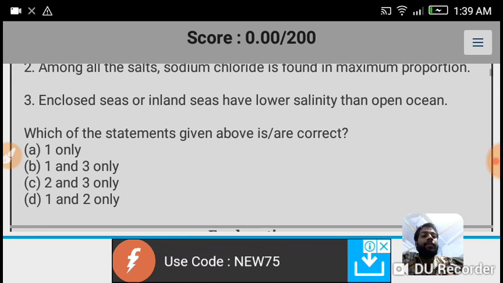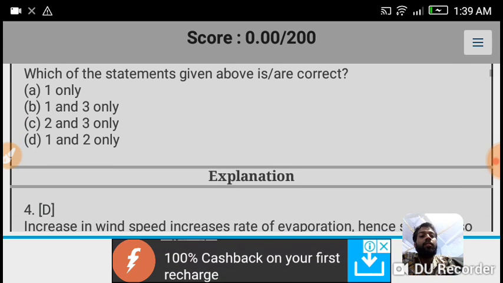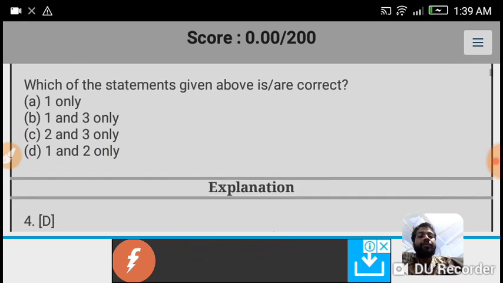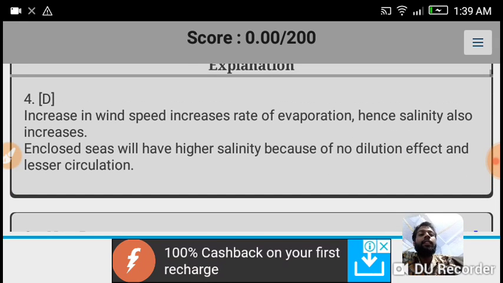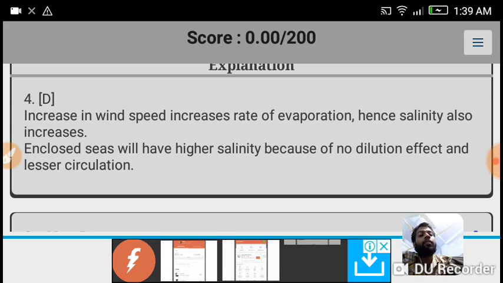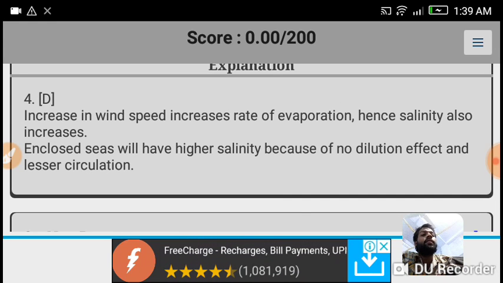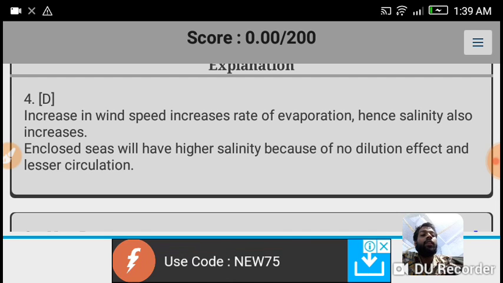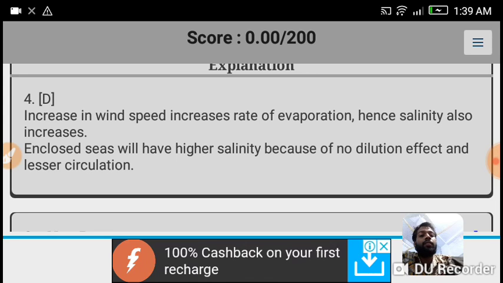So it is wrong. So only 1 and 2 are correct. Increase in wind speed increases the rate of evaporation, hence salinity will increase. An enclosed sea will have higher salinity because of no dilution effect and lesser circulation.